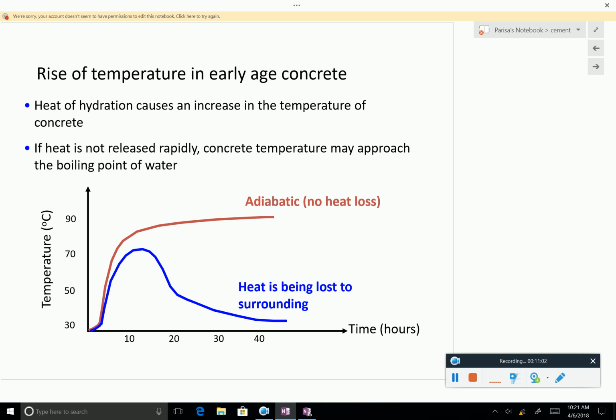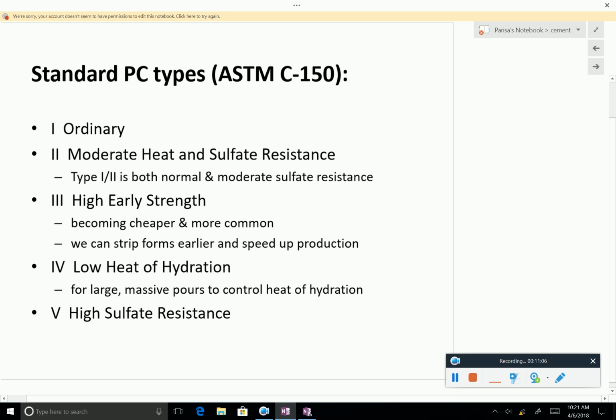So last time we talked about composition. It turns out that we have different types of cement.